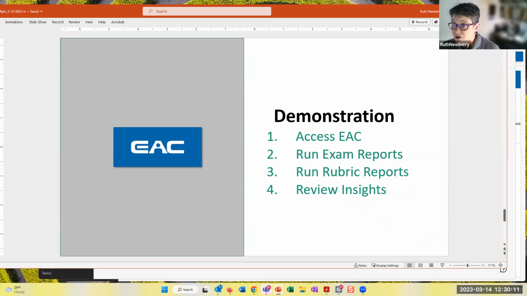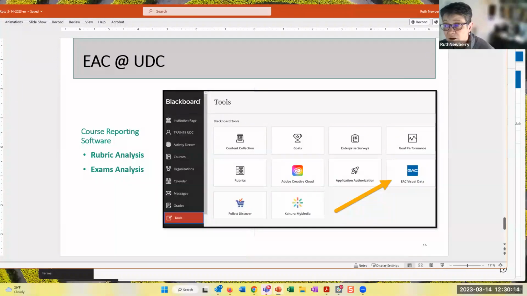But if you have 2 screens, you certainly could open up your Blackboard system on one screen and go to the tools area once you're logged in and find the EAC visual data icon.